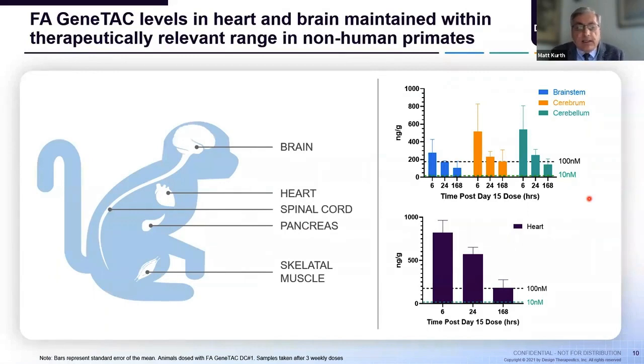What's even more exciting is that the drug appears to go into all the important target tissues. So we have data on the right side for brainstem, cerebrum, and cerebellum in blue, orange, and green. And after 3 treatments, 1 week apart, their level of drug remains above the 10 nanomolar level, which we showed earlier induces almost normalization of frataxin levels, for up to 168 hours after stopping the treatment with the drug.